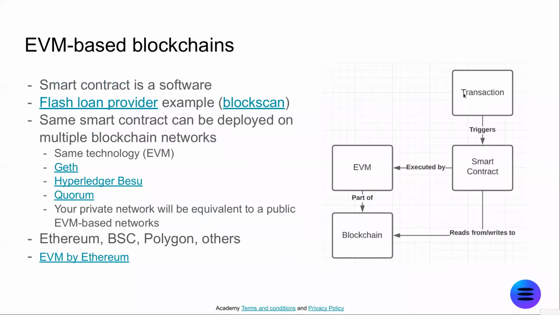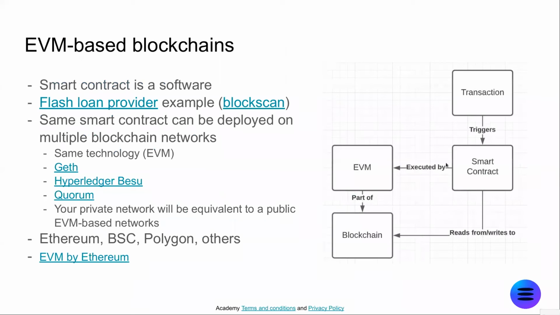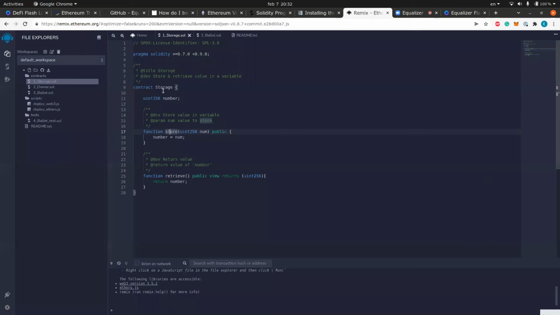Let's assume that you send a transaction that calls the store method. As an input, you will need to provide a number. When this transaction enters the blockchain, it will trigger the smart contract. In this case, it will call the Storage smart contract, and inside that smart contract, it will call a function called store.